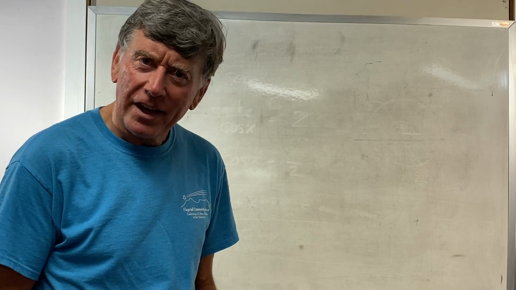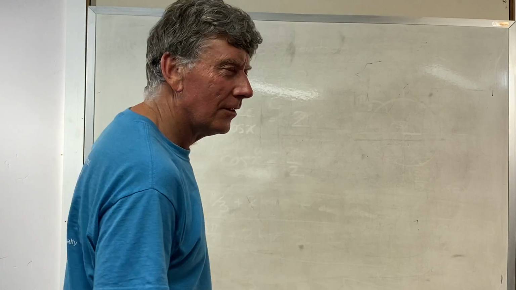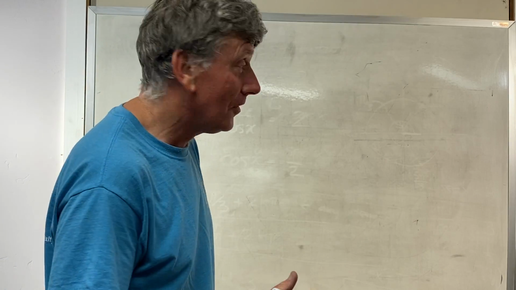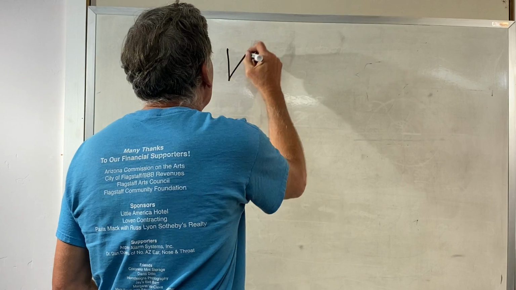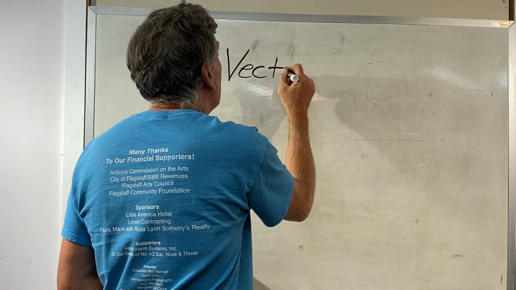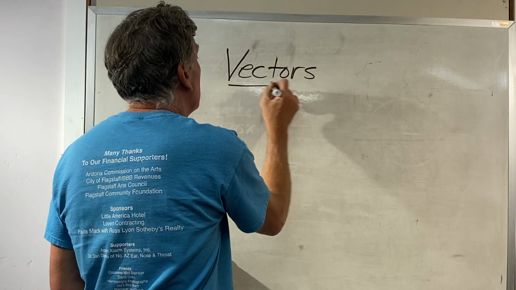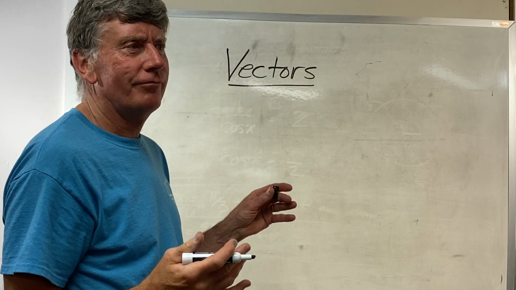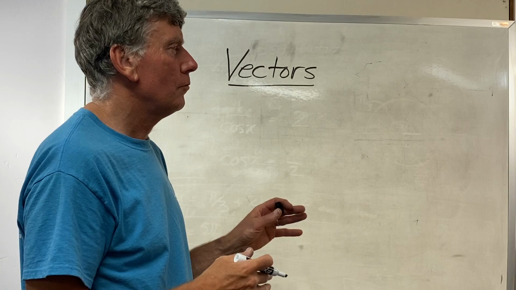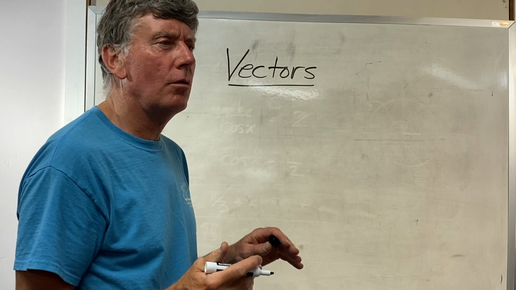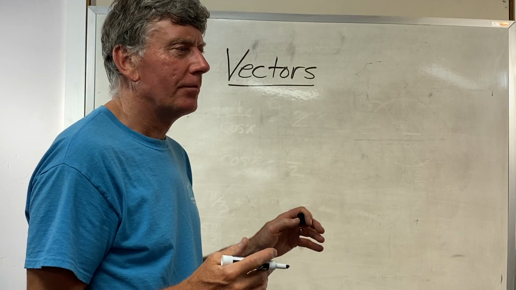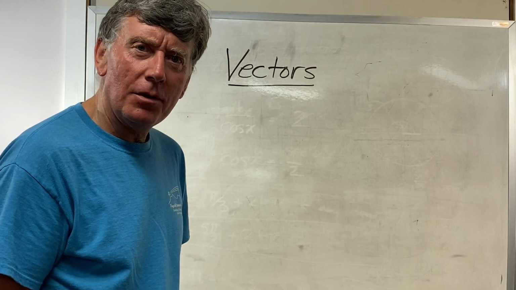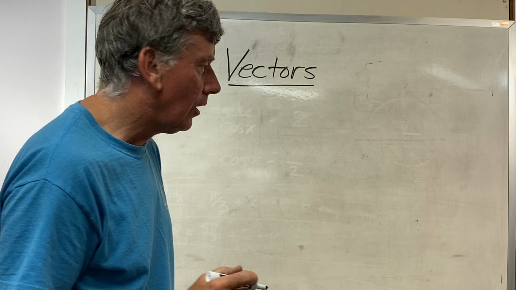Time to talk about vectors. The super science fiction, no, not science fiction at all. Vectors are elements, things, pieces, objects that are like numbers, but they differ in one regard.